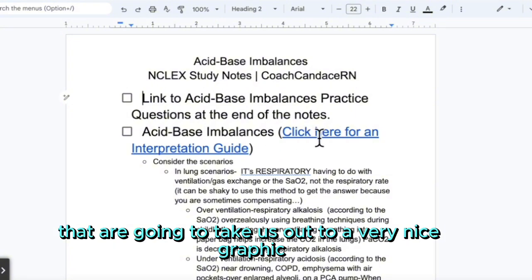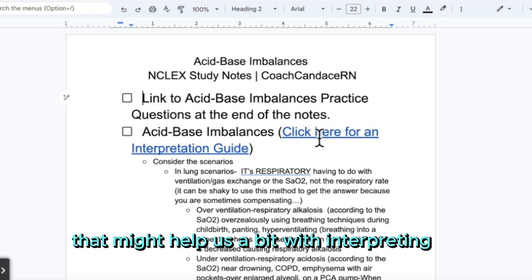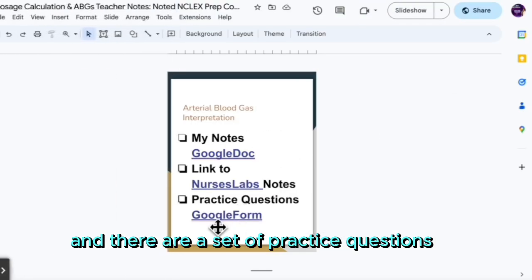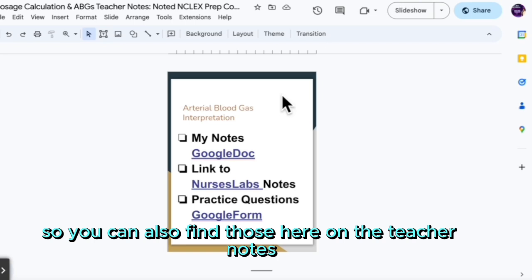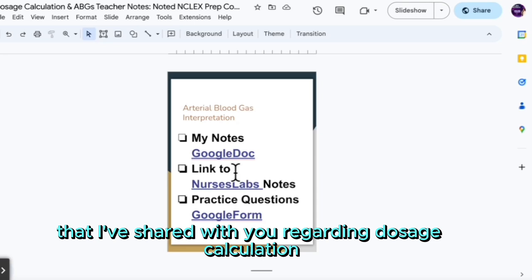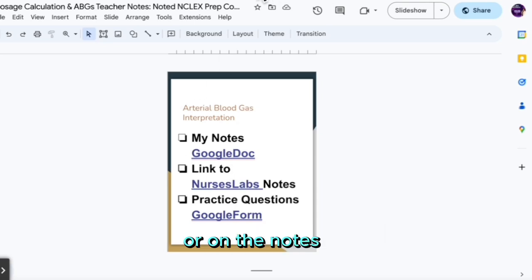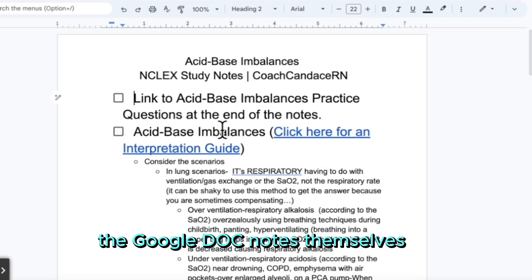All right, so here we have notes that are going to take us out to a very nice graphic, or a couple of graphics, in Nurses Labs that might help us a bit with interpreting. And there are a set of practice questions that go along with this little mini lecture. You can also find those here on the notes that I've shared with you regarding dosage calculation, or on the Google Doc notes themselves.